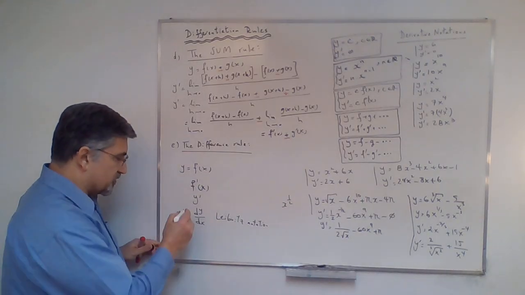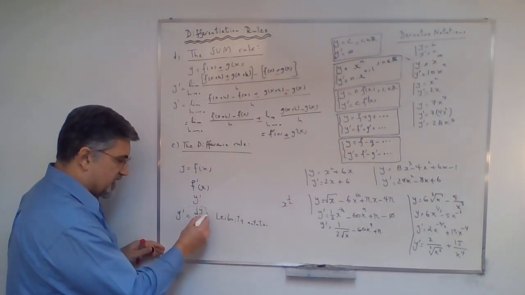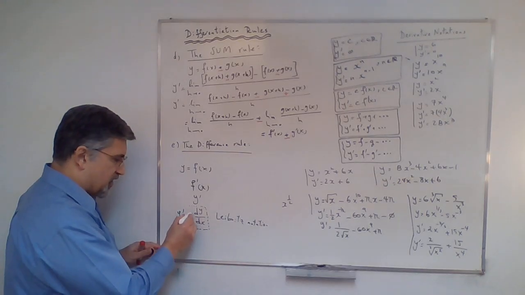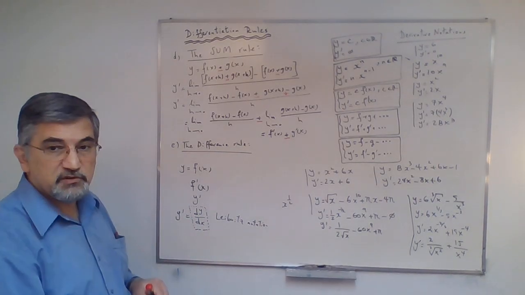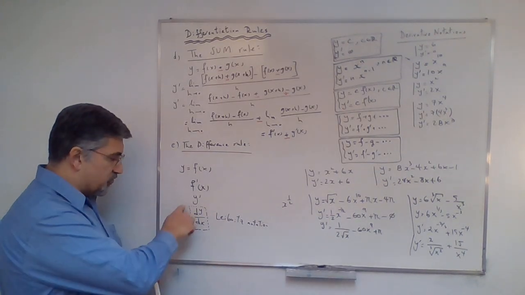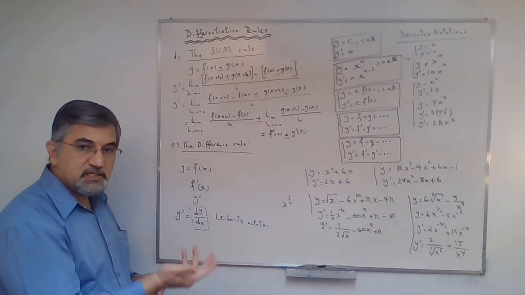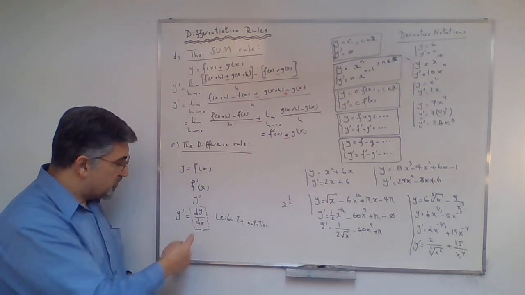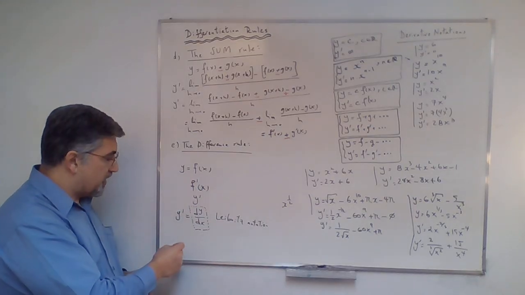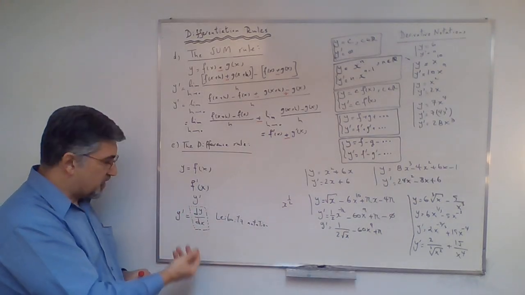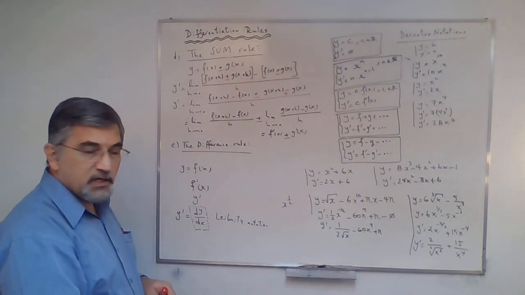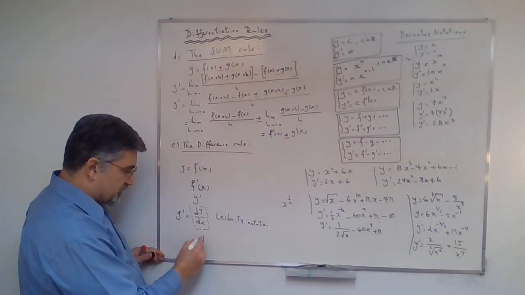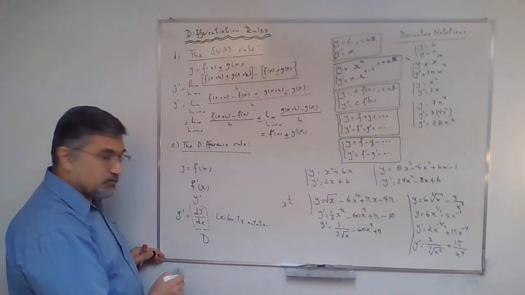In high school, you're going to consider dy over dx as a package. We're not going to separate the numerator from the denominator. dy over dx means the derivative of y with respect to x. That's the meaning of it. This is the notation, and we accept it as a package, and it's equal to y prime. In some older textbooks, they use capital D operator notation.